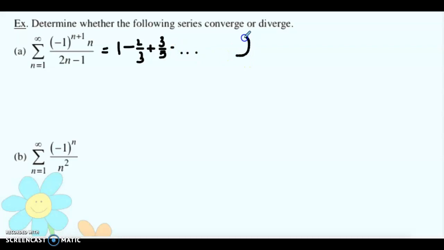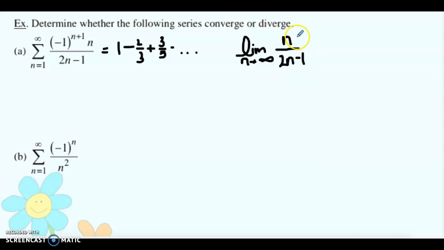So we want to see if the limit as n goes to infinity of our function. So we don't need the alternating part. All we're looking at is the a sub n part, which is n over odd numbers, 2n minus 1. And we're taking a look at this as the limit as n goes to infinity.